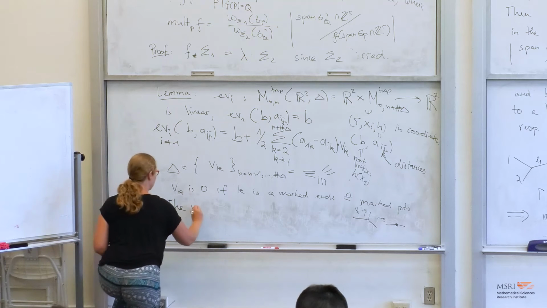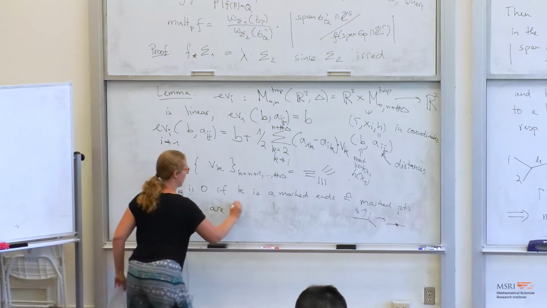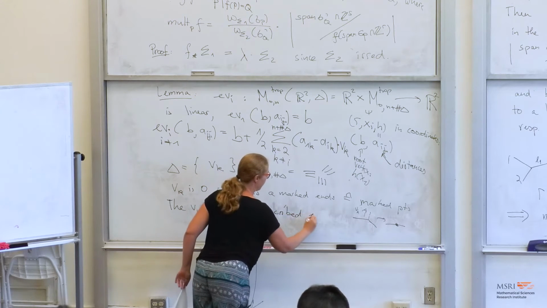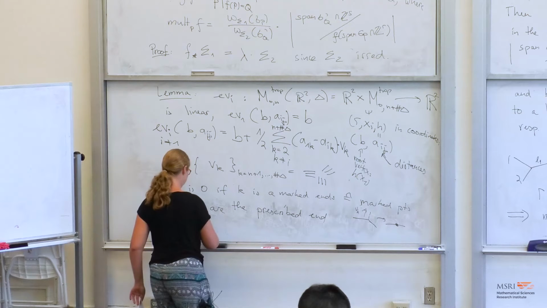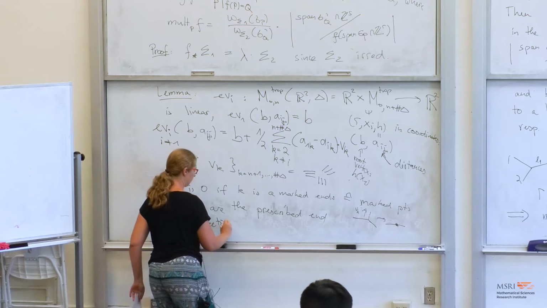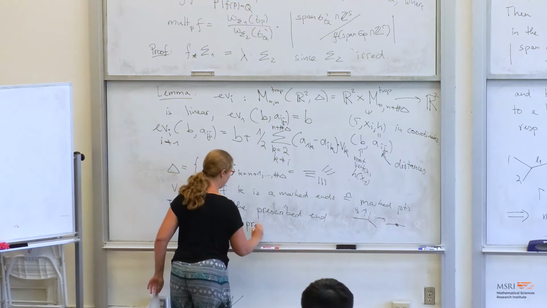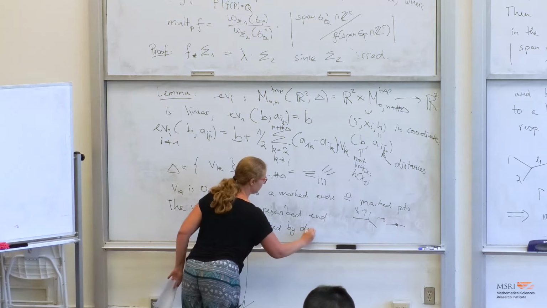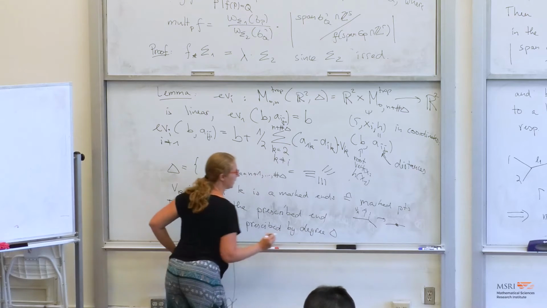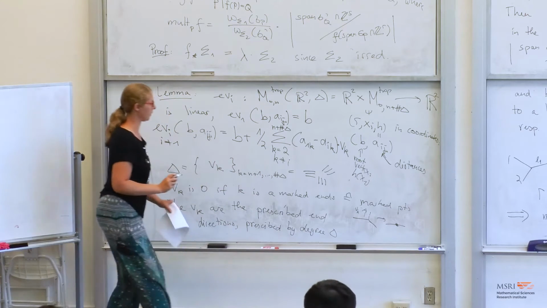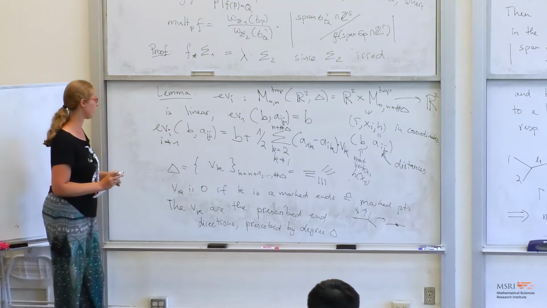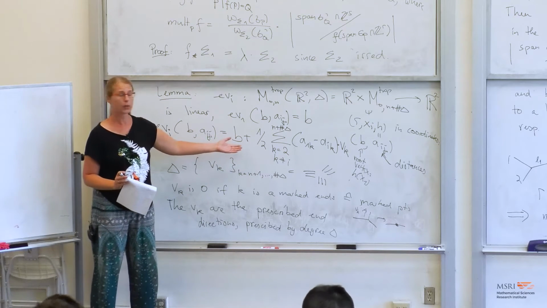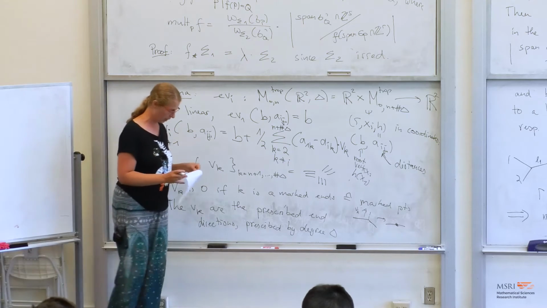The vk are the prescribed end directions, prescribed by the degree. Delta is just a multiset of directions of ends. Honestly, this is just a computation, so I don't want to prove this now.